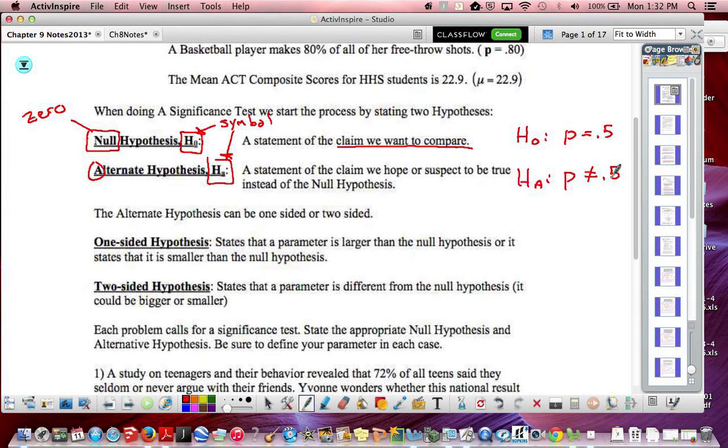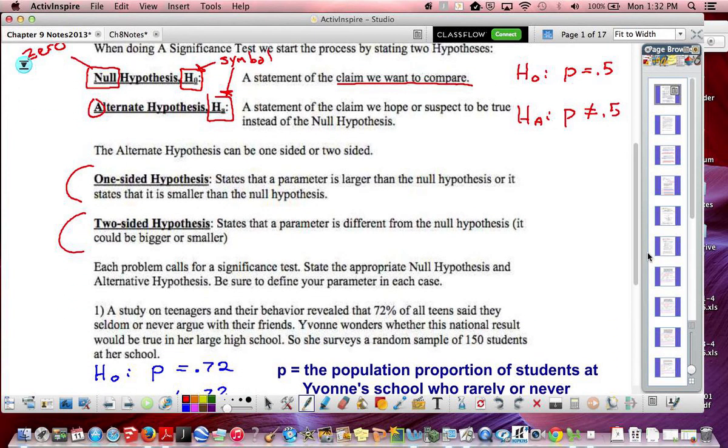Now, when we write these null and alternative hypotheses, we'll talk about it being one-sided or two-sided. When we talk about it being one-sided, this alternative hypothesis, this H sub A, will be either greater than some number or less than some number.